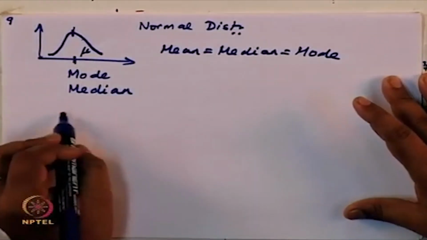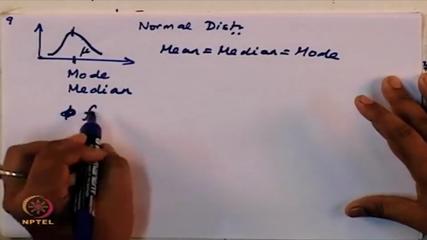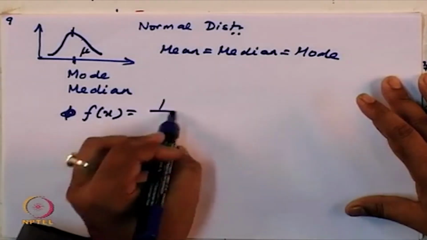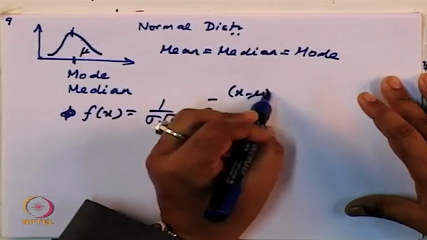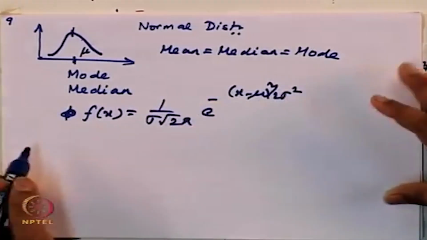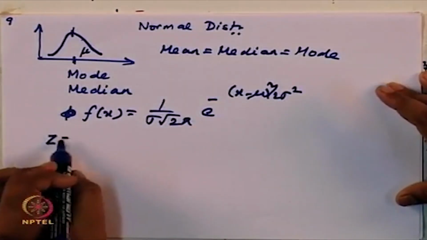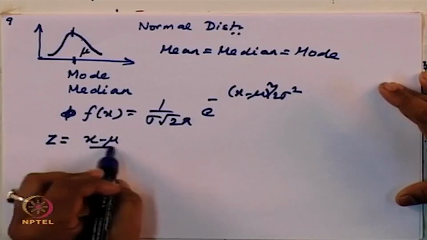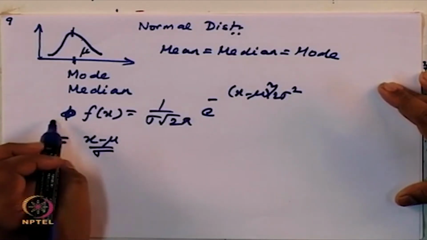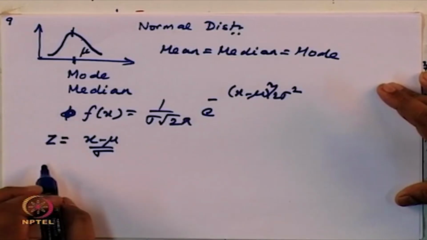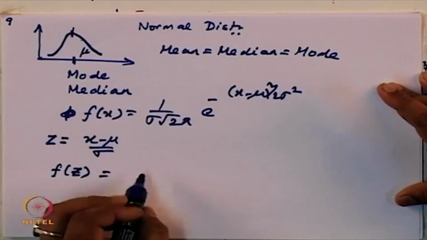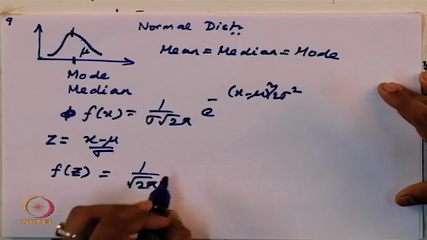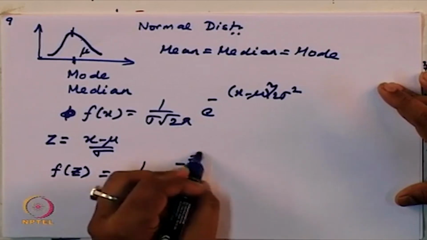Now, if I know that f of x is defined as 1 by sigma root 2 pi e to the power minus x minus mu whole square by 2 sigma square, I can define this variable z as x minus mu by sigma. Then f of z becomes 1 by root 2 pi e to the power minus z square by 2.